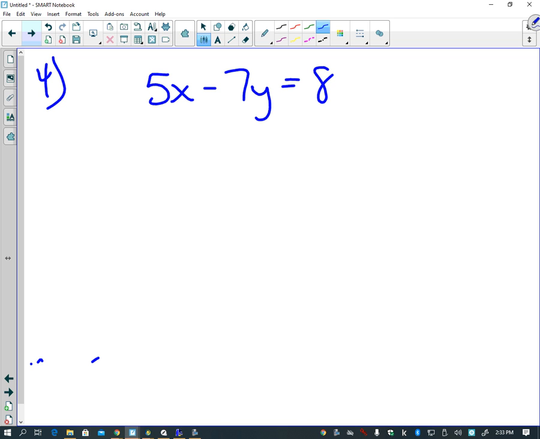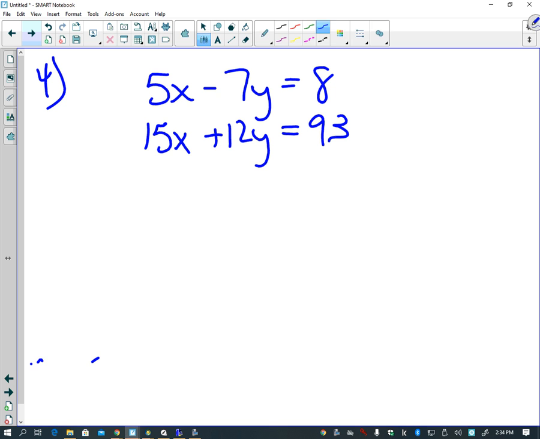Okay, give me some other numbers. 15x plus 12y equals 93. Very good. Okay. What this question wants you to do is write the matrix equation for the system and solve.